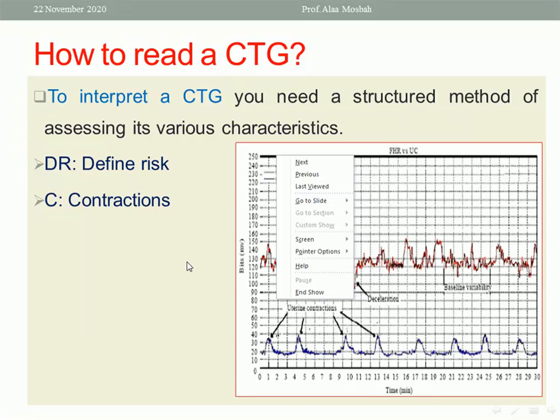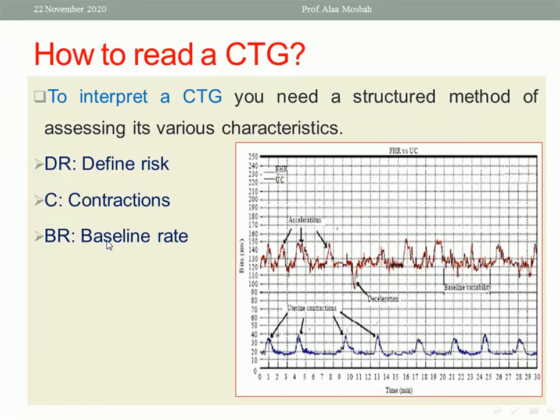Then the baseline rate, the baseline fetal heart rate. This one, the baseline fetal heart rate. Then the variability, peak to peak variability. Then the acceleration. This is called accelerations.